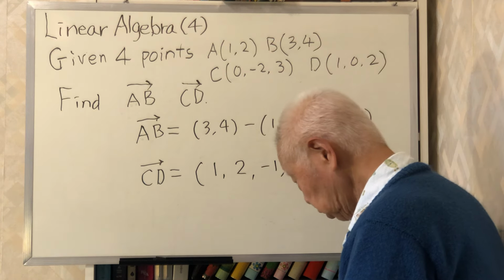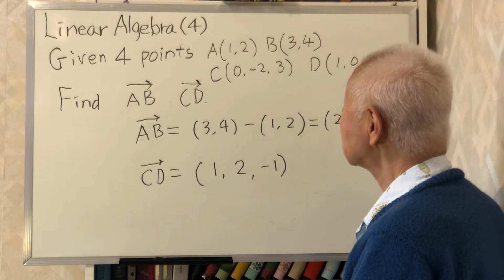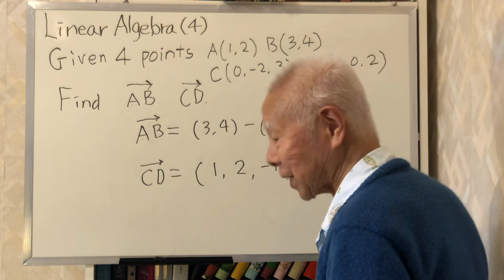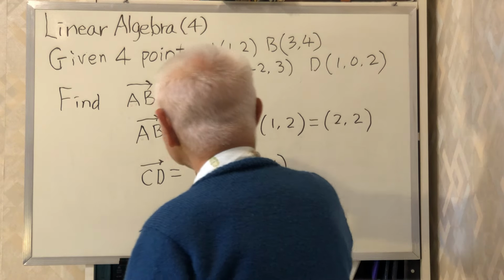So this is 1, 2, negative 1. All right, this is this example. Let's go to the next example.